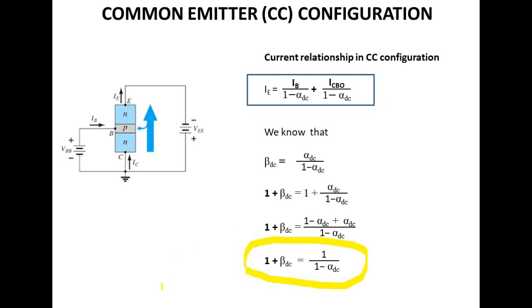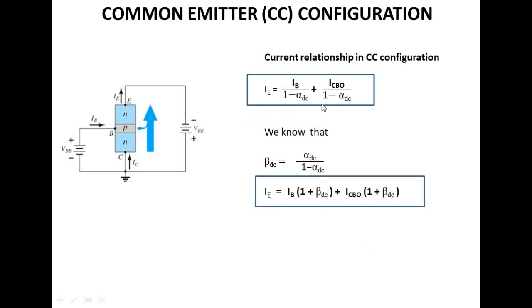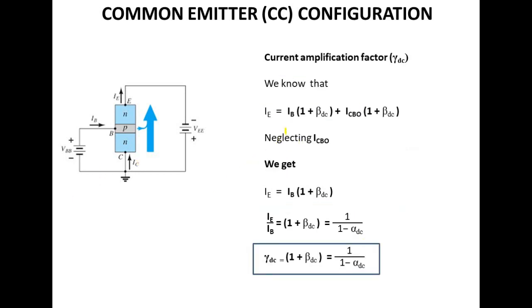So putting these values, 1 upon 1 minus alpha DC is equal to 1 plus beta DC in this relationship. Now we have got the relationship between IE and IB as IE is equal to IB (1 plus beta DC) plus ICBO (1 plus beta DC). We have just derived this relationship.